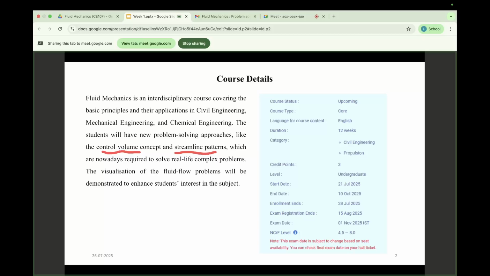So anyone interested, please do the needful, right? I think it will be better for you if you go through these courses and take the exam, so that you will get to know how well you have understood this course in detail.